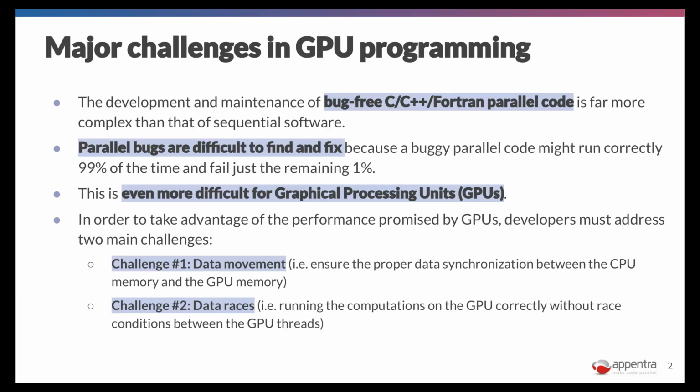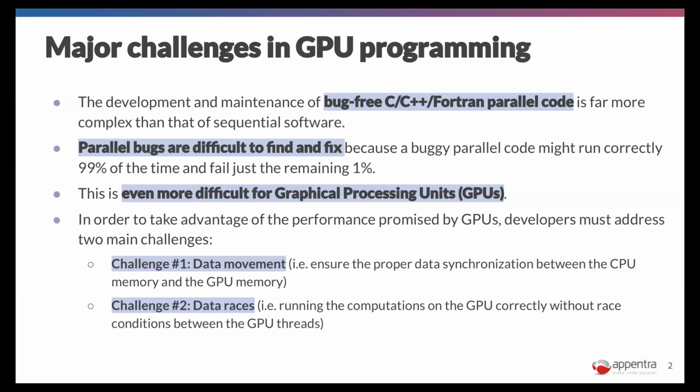When you move data from the CPU memory to the GPU memory, you need to guarantee that the correct data is moved, that the data the GPU uses is the correct one, that you don't have stale data on the GPU memory that will produce wrong results, and then you transfer all the results back from the GPU memory to the CPU. So you need to keep all the data properly synchronized between the CPU memory and the GPU memory. And this is the more challenging issue that developers need to address.